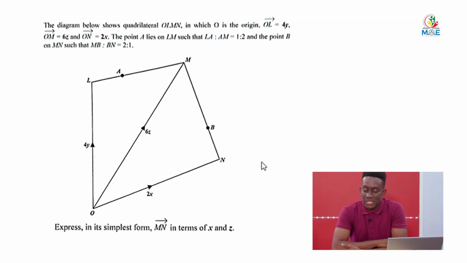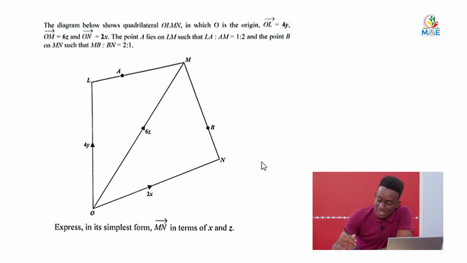The question says, the diagram below shows a quadrilateral OLMN in which O is the origin and OL is equal to 4y, OM is equal to 6z, ON is equal to 2x. The point A lies on LM such that LA to AM is equal to 1 to 2, and the point B on MN such that MB to BN is 2 to 1.